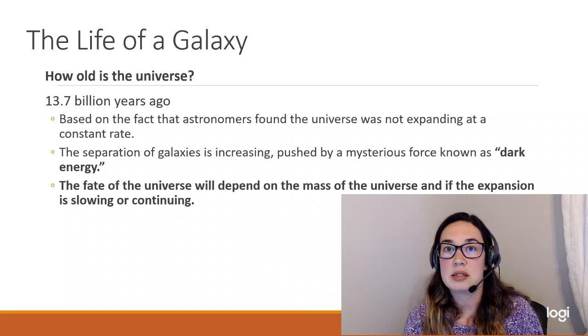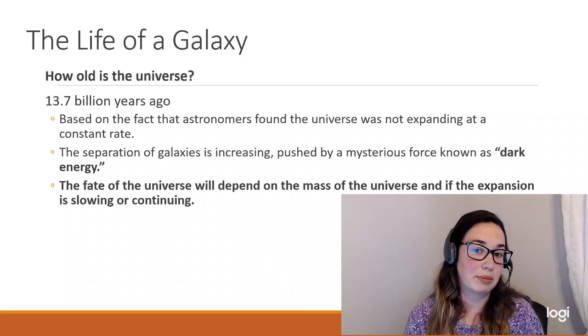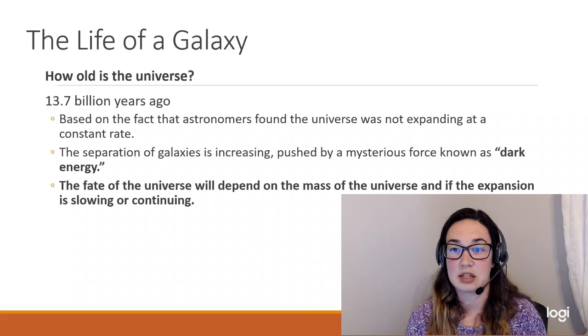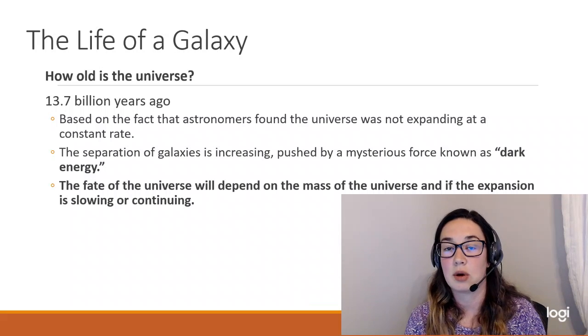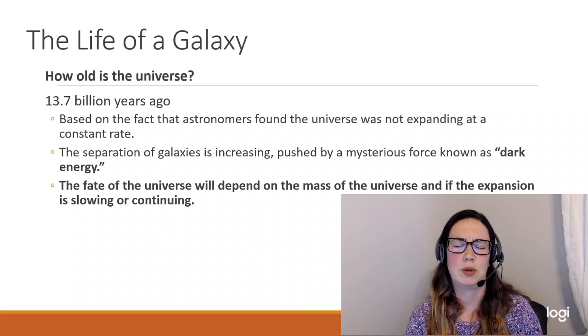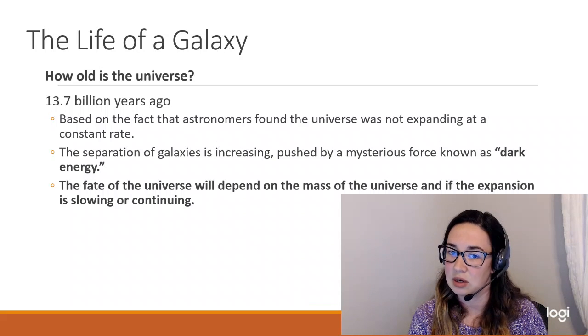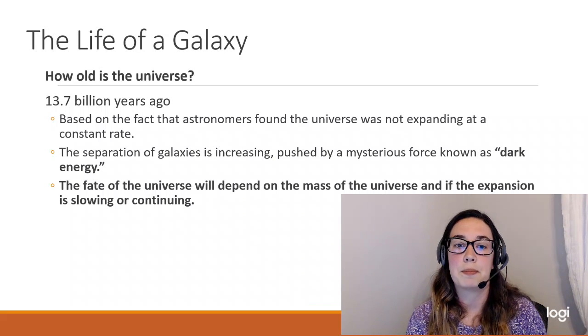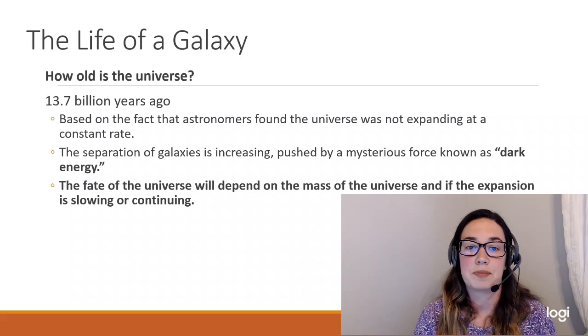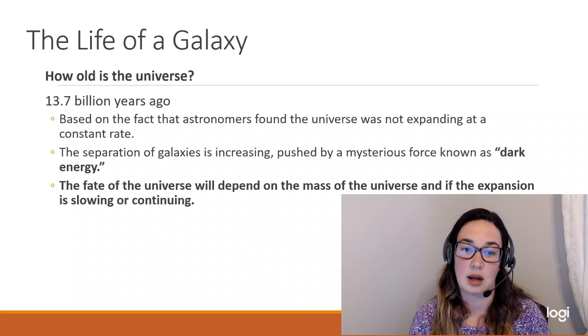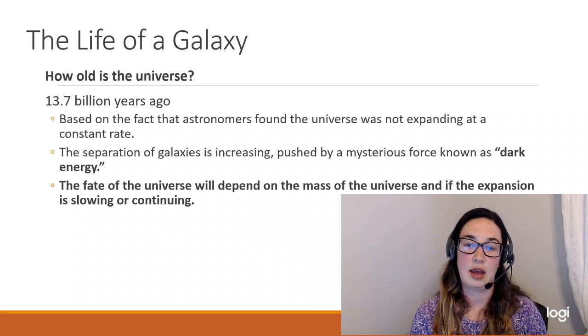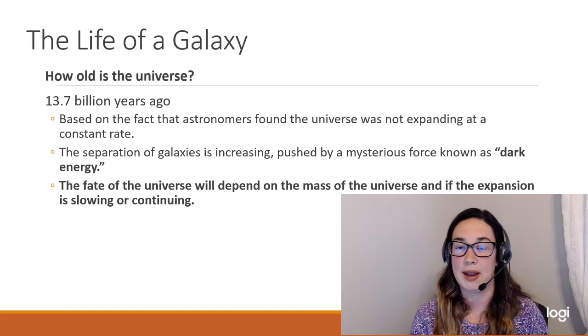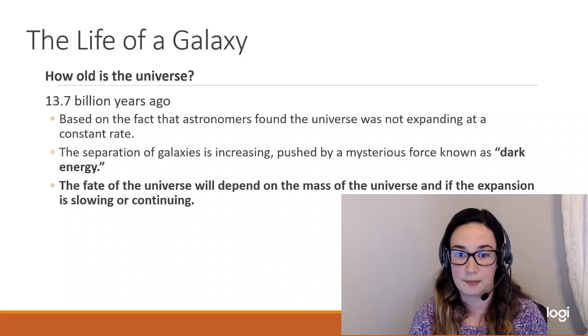It's based on the fact that astronomers found the universe was not expanding at a constant rate. Originally they thought the universe was between, I believe, 10 and 20 billion years old. But the rate varied a little bit and made the lifespan of the universe a little bit shorter.